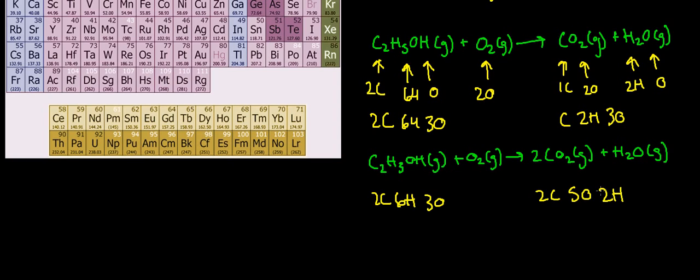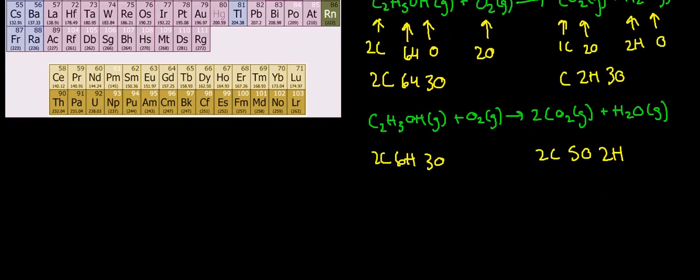So the next thing I'm probably going to want to do is get the hydrogens to be equal. And I can do that by multiplying this term by 3. Then I'll have 6 total hydrogens. So I'll do that next.